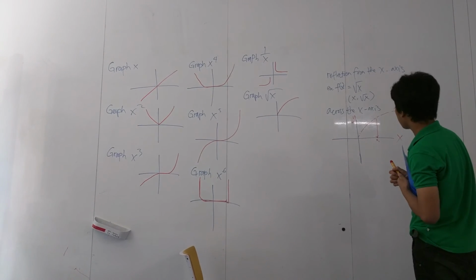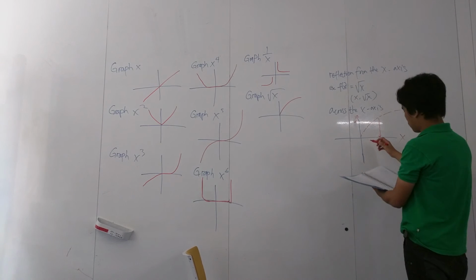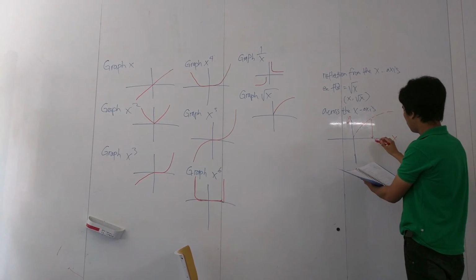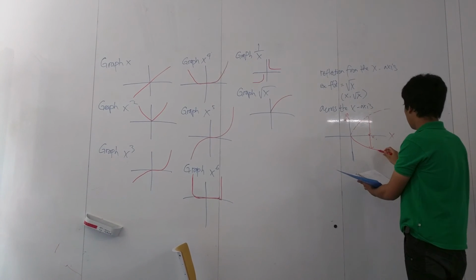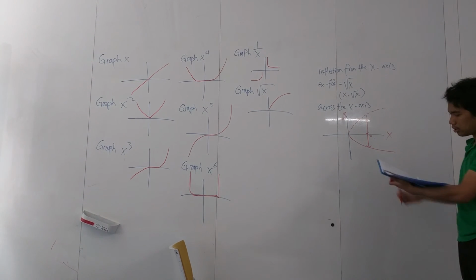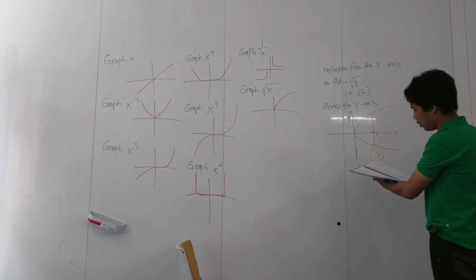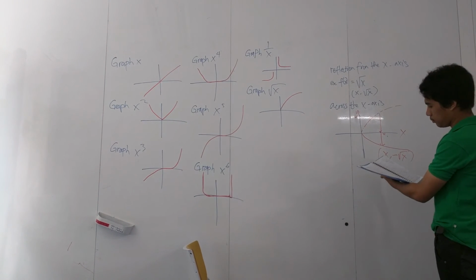So the reflection of this graph should be like this. It's like a mirror. So this one should be x, minus the square root of x.